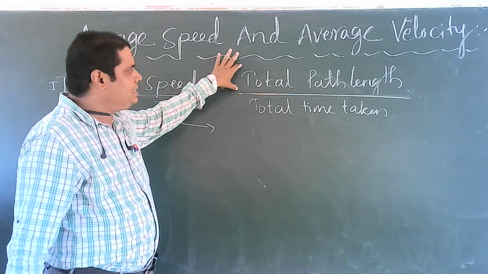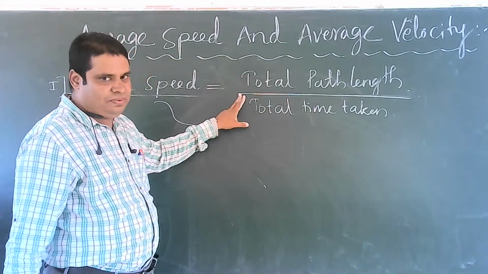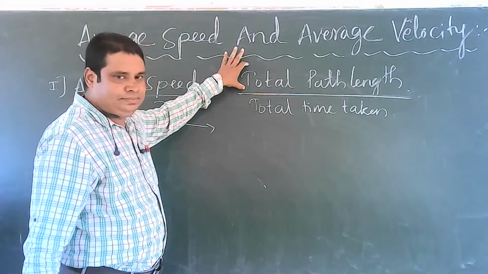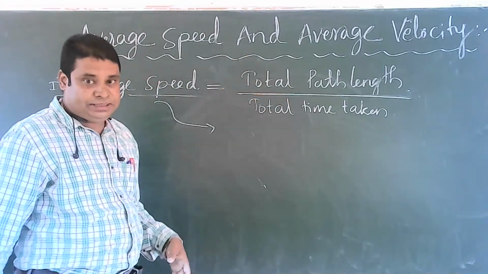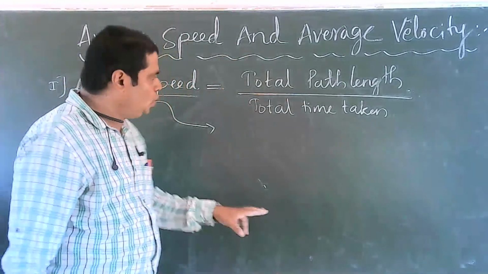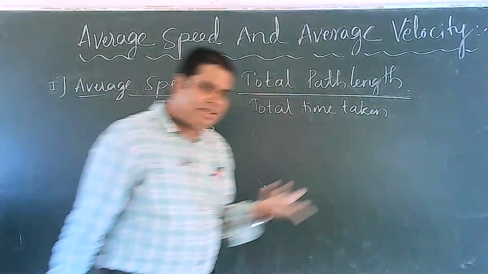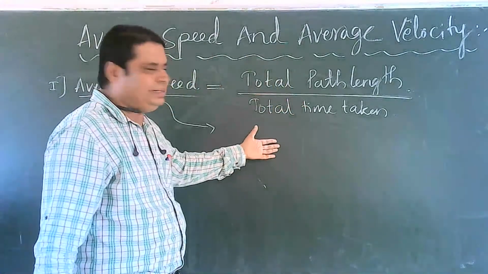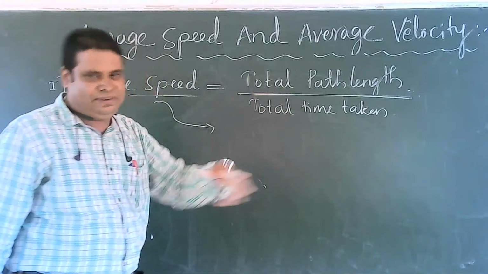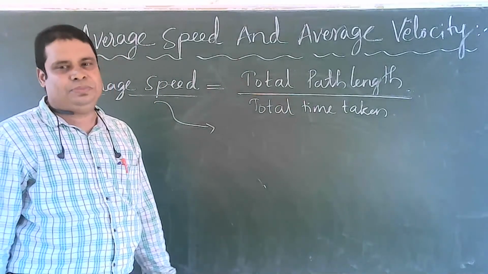Your average speed is a ratio of total path length taken by an object in a given interval to total time taken. Very simple definition. What I have written is just a definition. You can write like this. No problem.